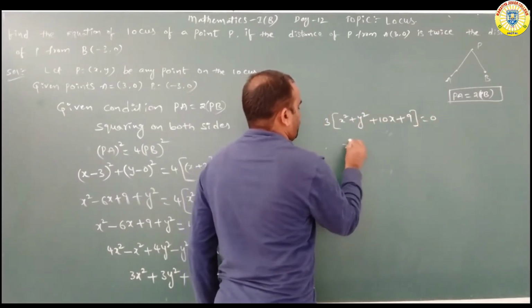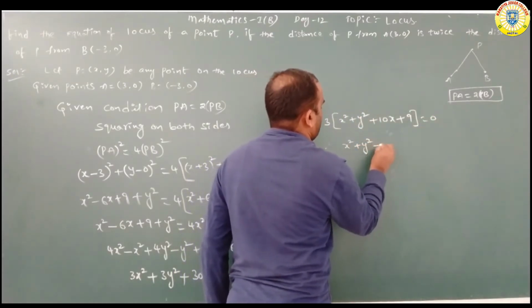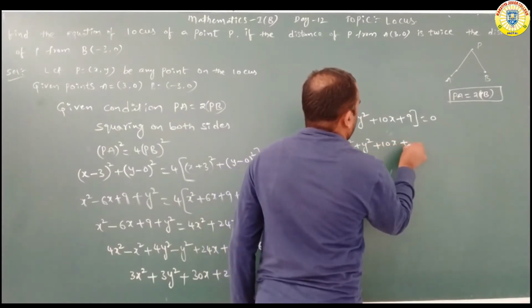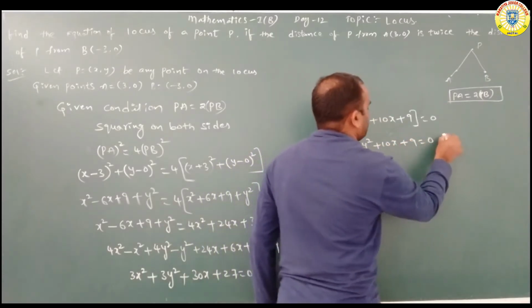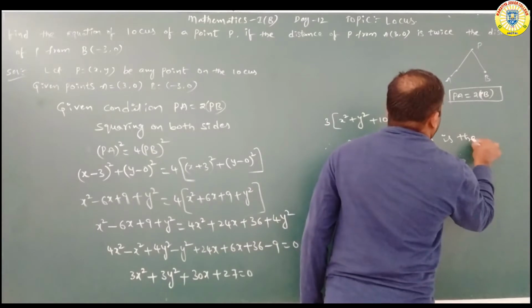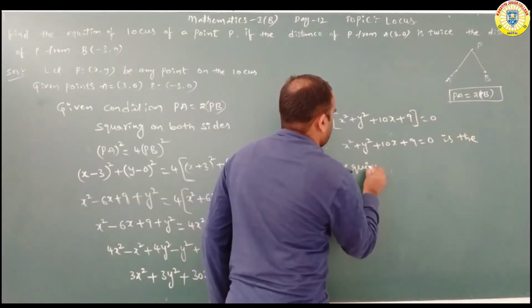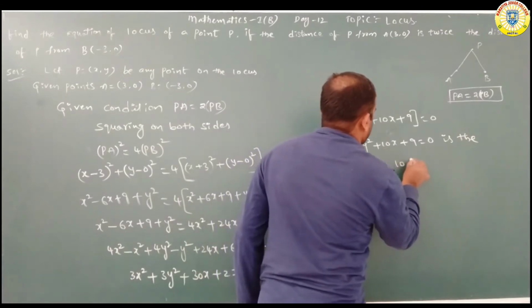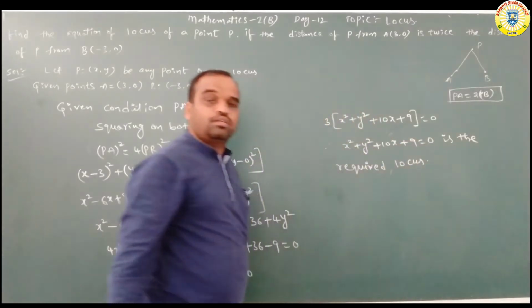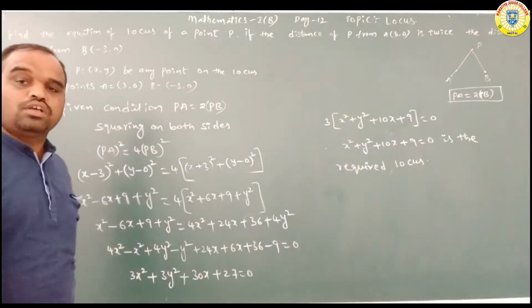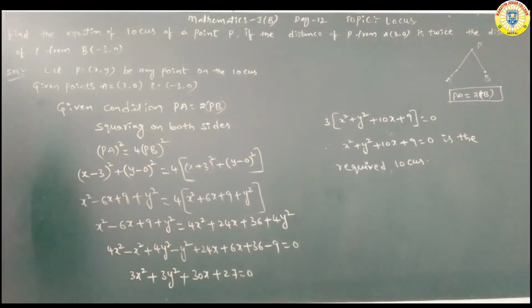Therefore, x square plus y square plus 10x plus 9 is equal to 0 is the required locus. All of you read them clearly.